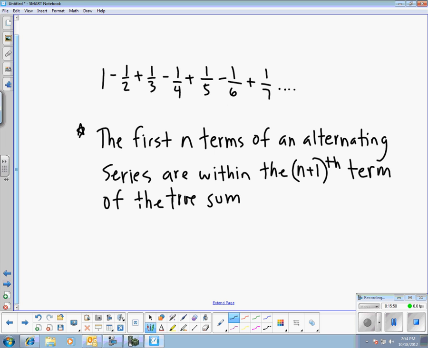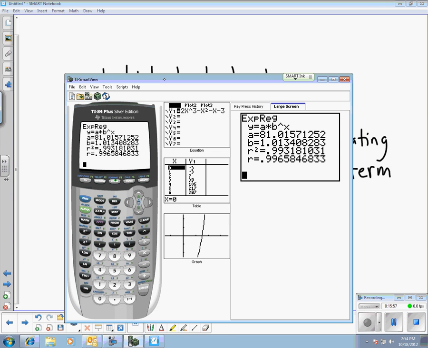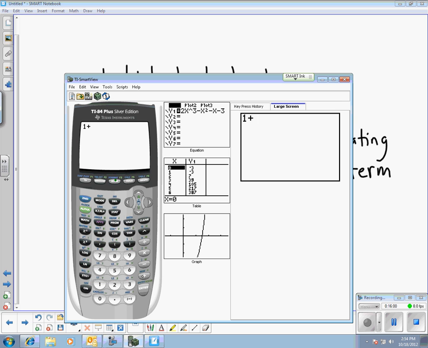So let's figure this out. If I add up 1 minus a half plus a third minus a fourth plus a fifth minus a sixth plus a seventh, let's see what I get.